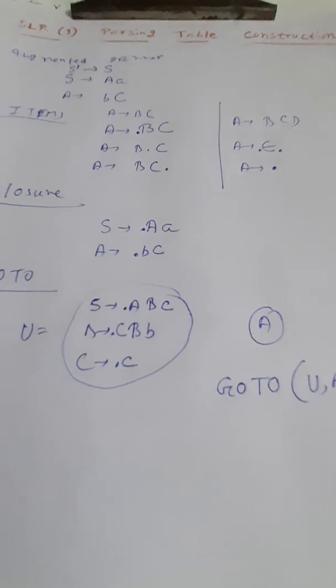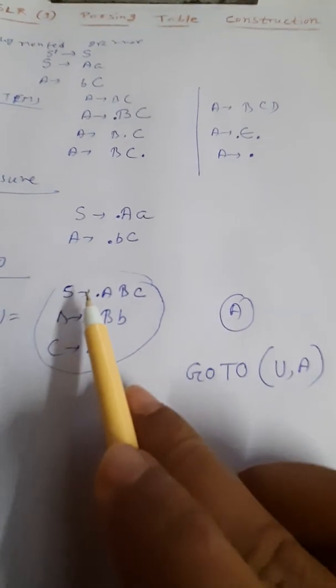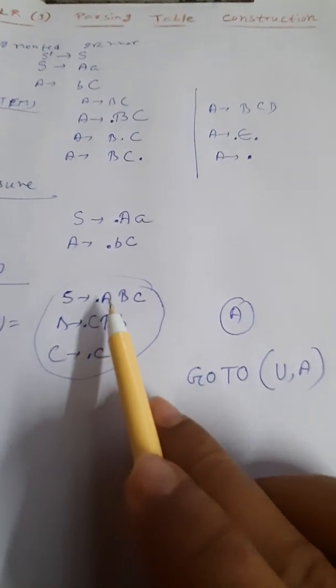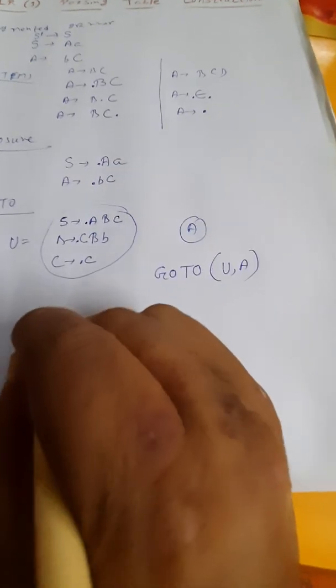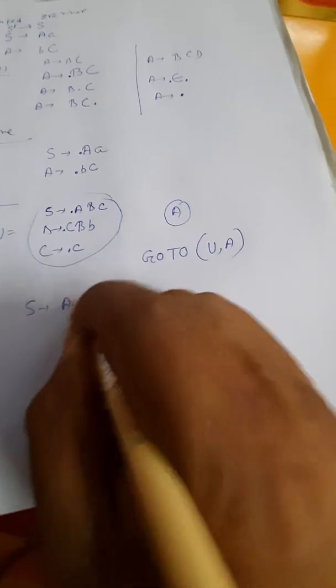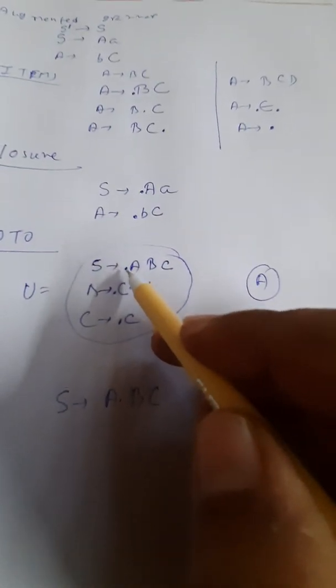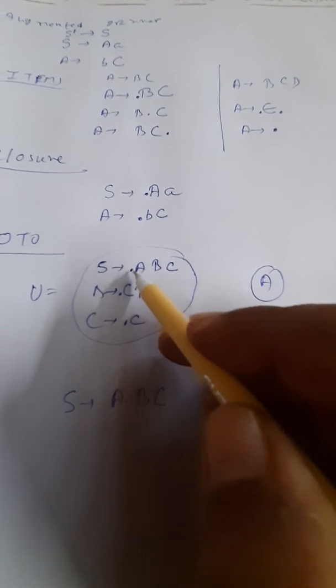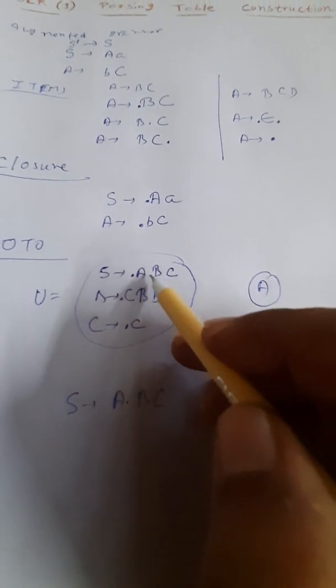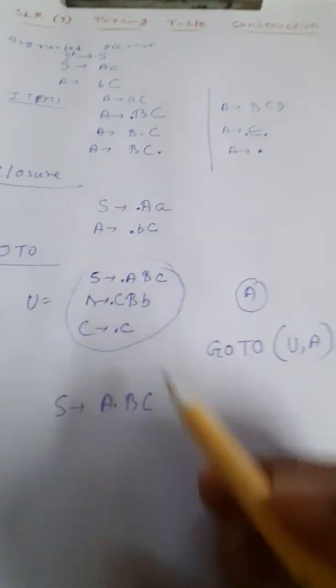So now here I am looking, okay, A is following the dot here. So what I will do? I will write A dot BC, meaning A was followed by the dot and here the dot has made one right shift.